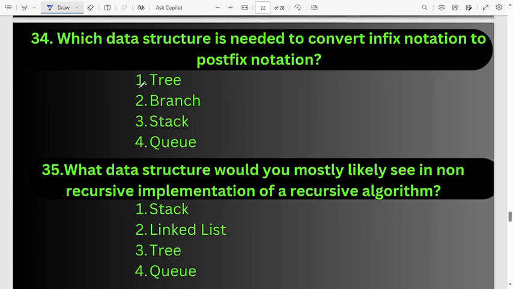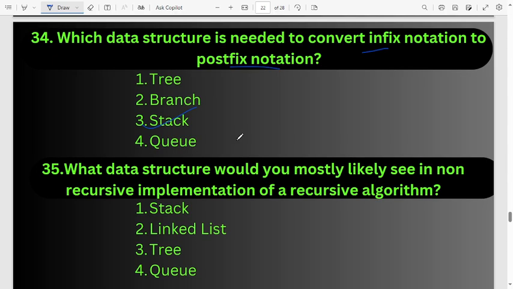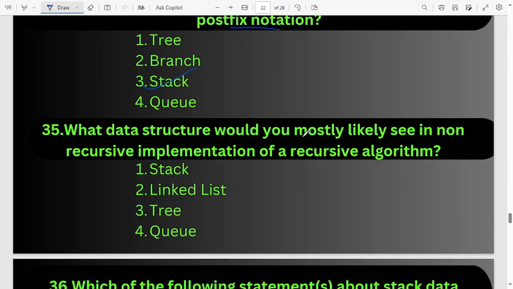Next question is, which data structure is needed to convert infix notation to postfix notation? The options are tree, branch, stack, queue. The correct answer will be stack. What data structure would you most likely see in non-recursive implementation of recursive algorithm?